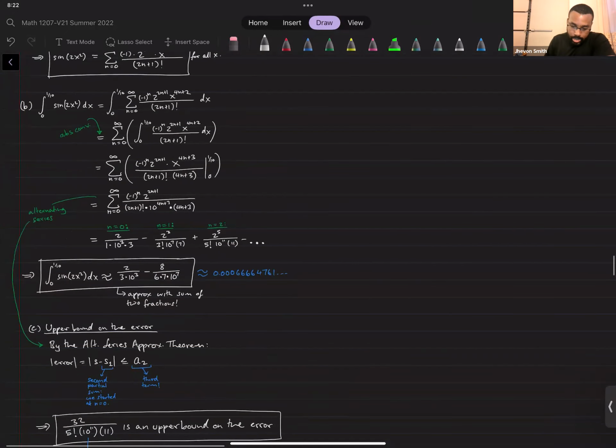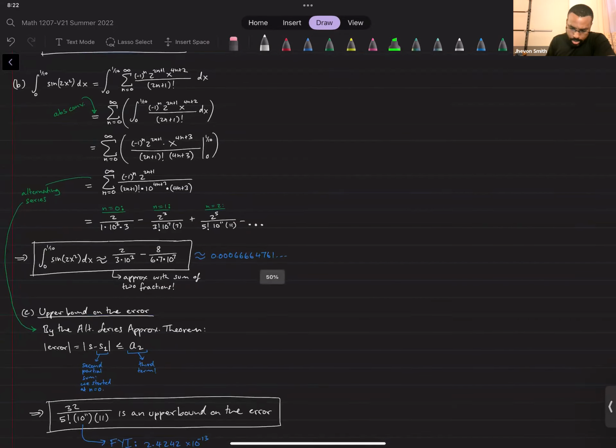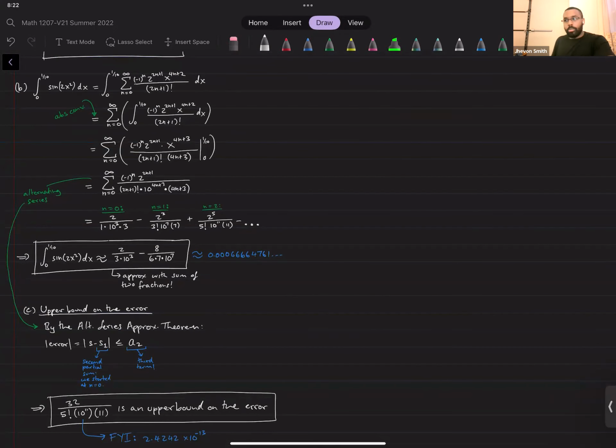So yeah, that's how you would do this one. This is a very important application: being able to compute integrals and approximate them and figuring out how close you are to the actual answer. By the way, we know that the third term is positive. So that means that S minus Sn is positive, which means the actual answer is larger than our answer.